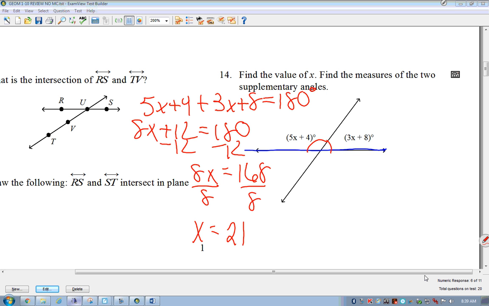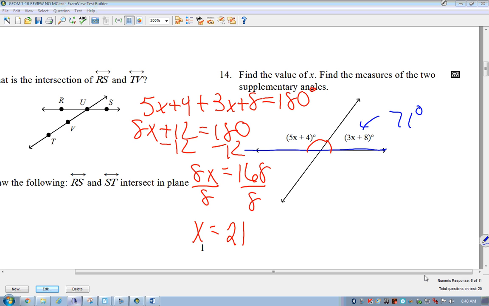21. Now if this is a multiple choice question and we stop here, will we be right or will we be wrong? We'll be wrong. Why? Got to plug it in, right? So I need to know what 3 times 21 plus 8 is. 71 degrees.